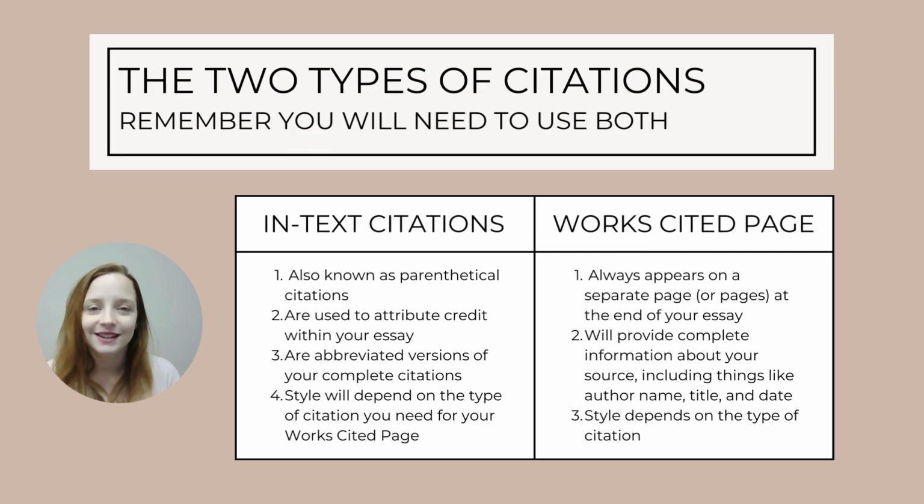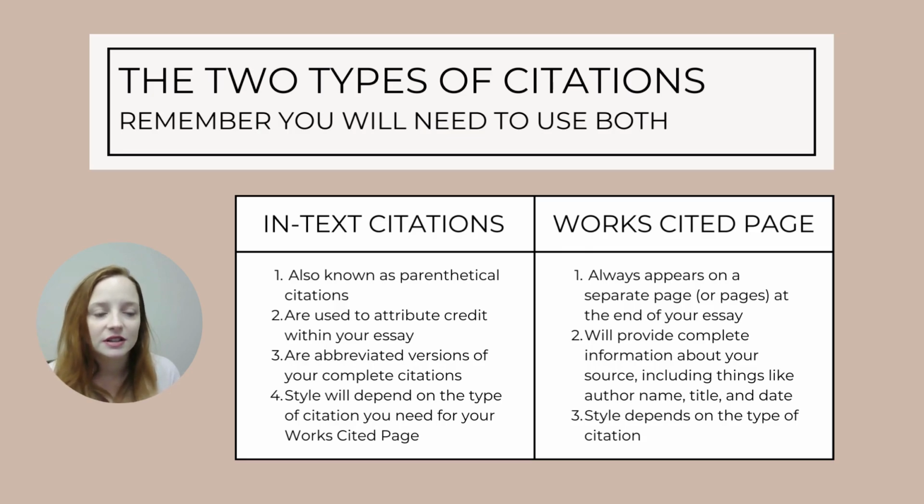So, in-text citations or parenthetical citations are used to give credit within your essay. These are abbreviated versions of your complete citations, so they're shortened versions of the citations that you will have at the end of your essay. And the style of these will depend on the type of citation you use in your works cited page.